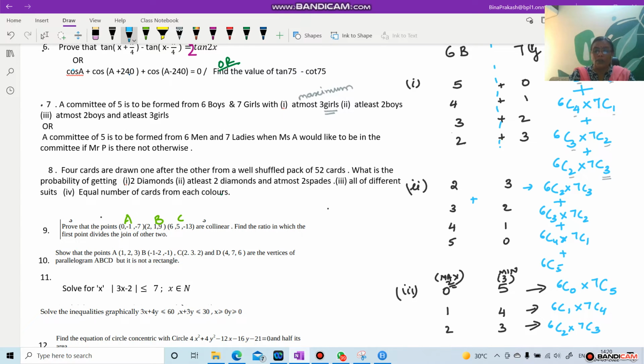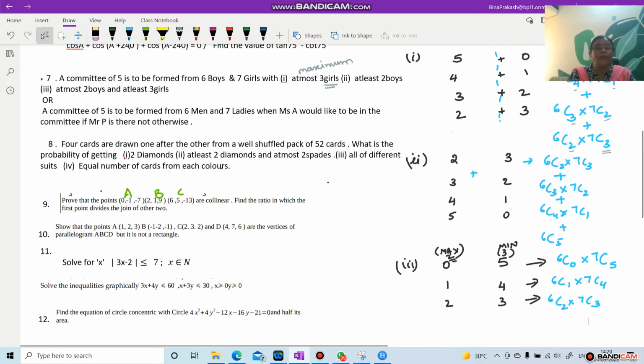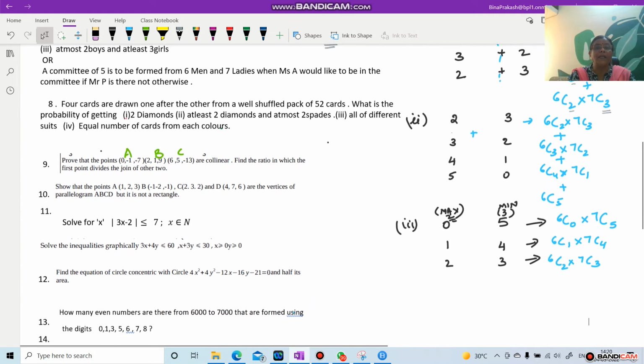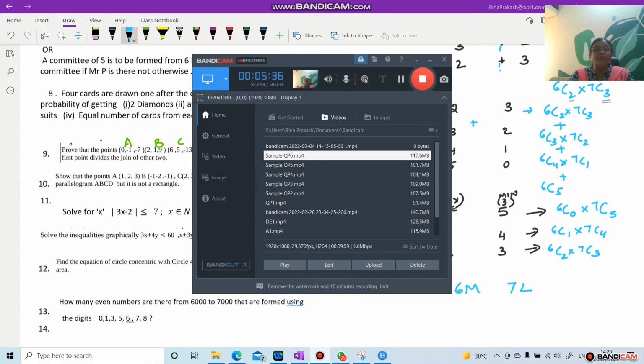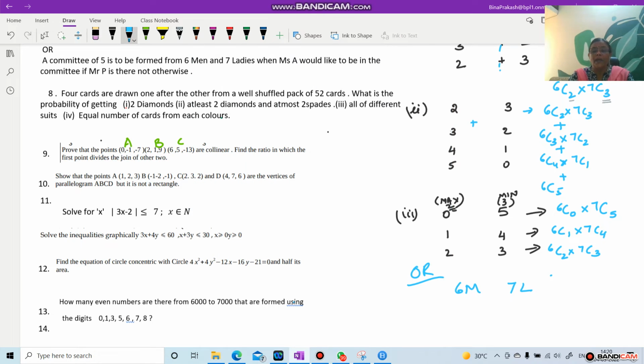Now the second option that we have is a 5-member group to be formed from 6 men and 7 ladies. The condition is that Miss A would like to be in the committee only if Mr. P is there.